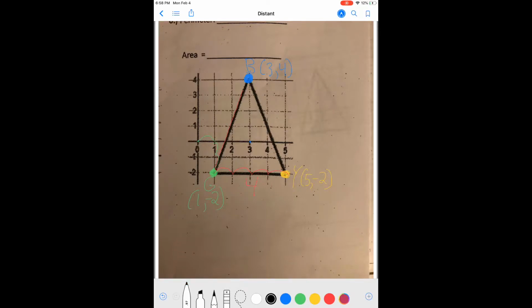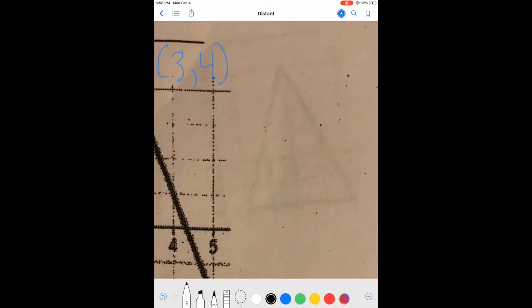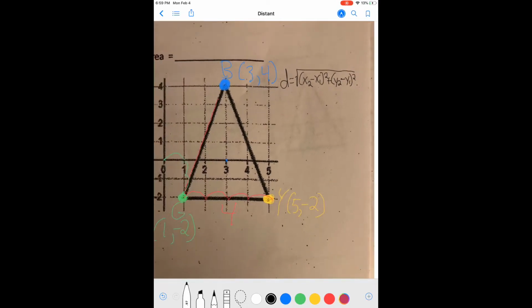So we can use our formula. Distance equals the square root of x2 minus x1 squared plus y2 minus y1 squared. So our 2 points we're looking at first is our B, which is 3, 4, and our green, which is G, 1, -2.